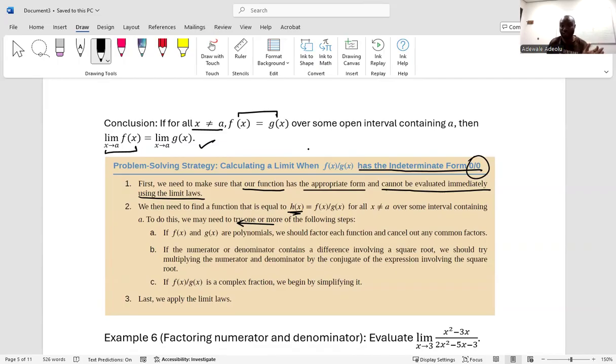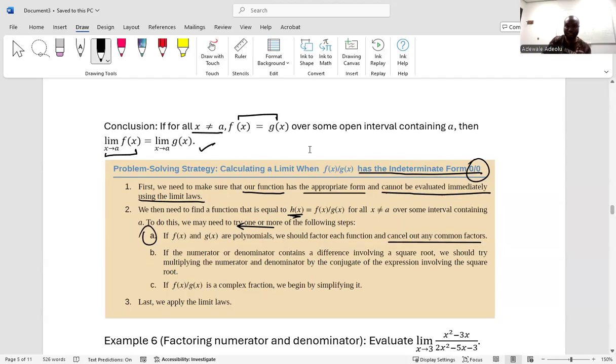Sometimes one is okay. Sometimes you need to try 1, 2 before you can solve it. If f of x and g of x are polynomials, we should factor each function and cancel out any common factors.